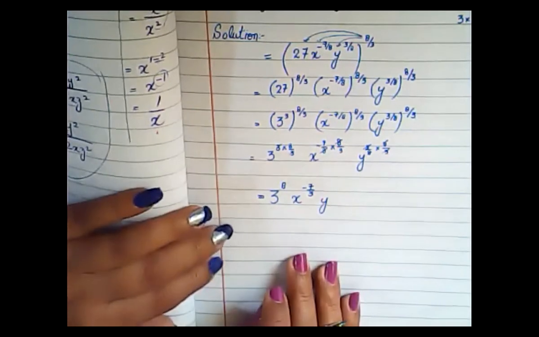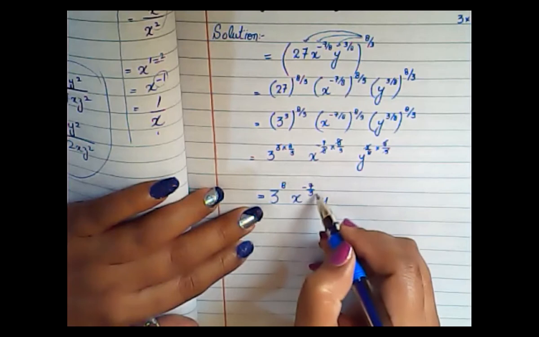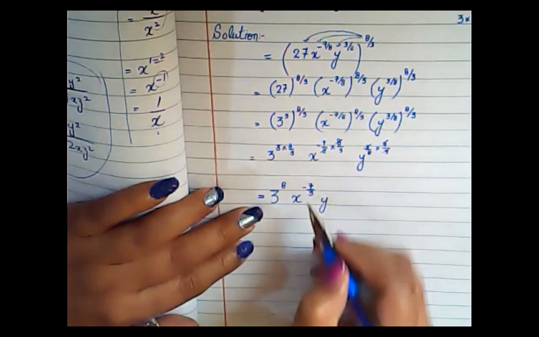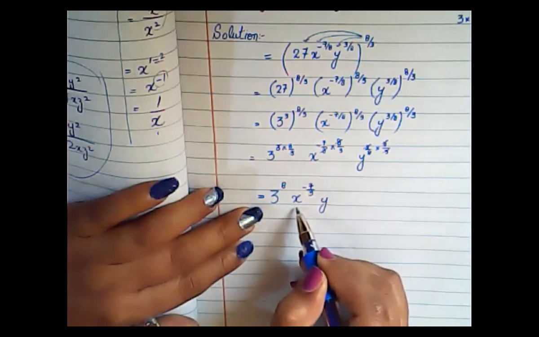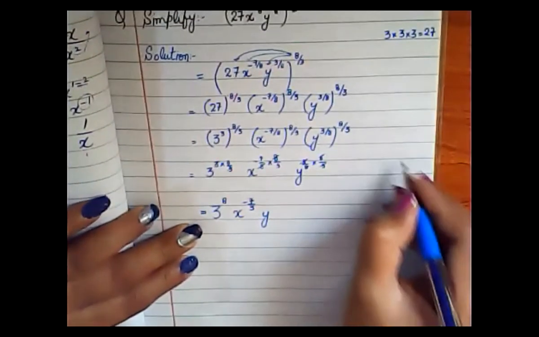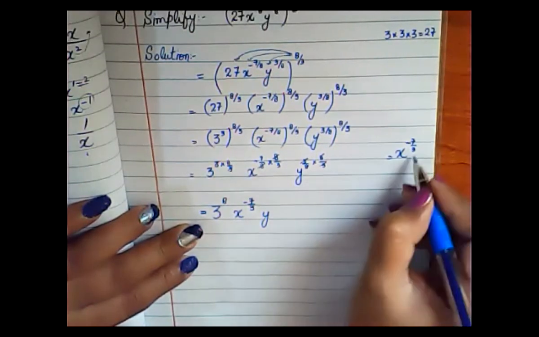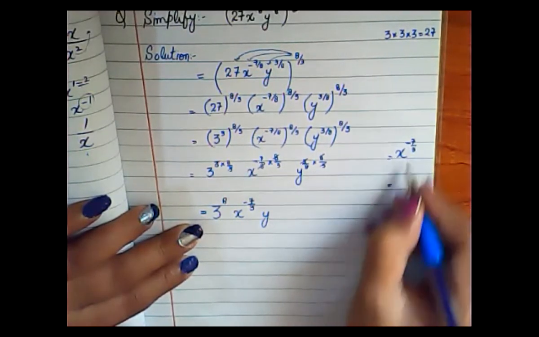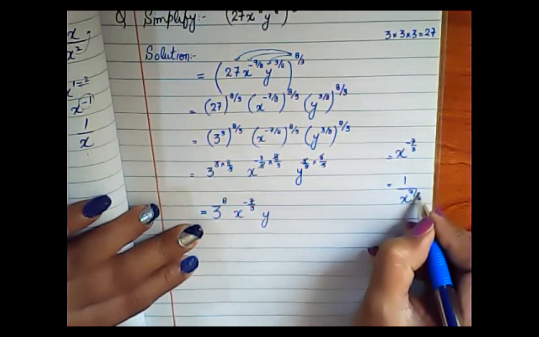Now look at what you have here. This is 3 raised to the power 8. Here you have the power in minus, that is minus 7 upon 3. Just suppose here you have x to the power minus 7 upon 3. When you take the reciprocal of it, you take it down, so it will become 1 upon x to the power 7 upon 3.